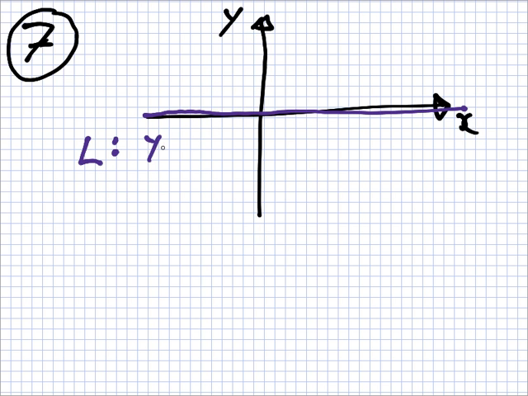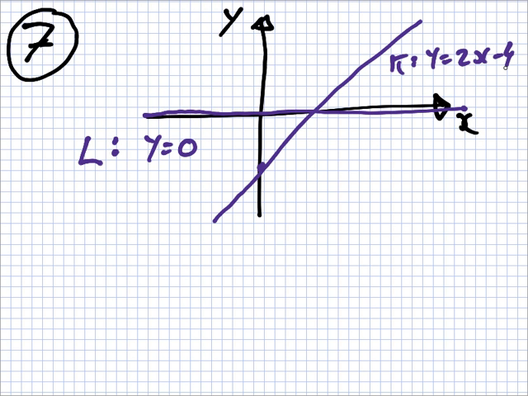Y equals 0. K is y equals 2x minus 4. Find the equation of L dash, which passes through 4, 4 and is parallel to L.